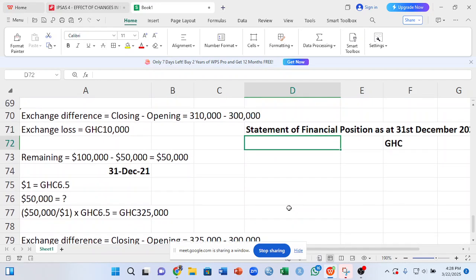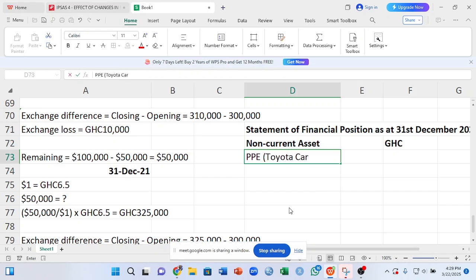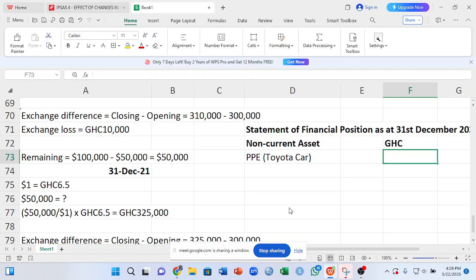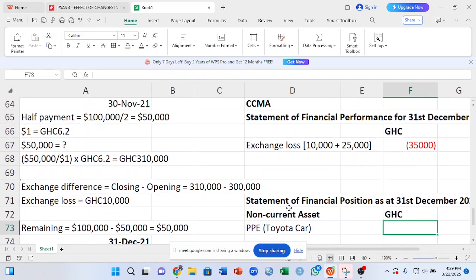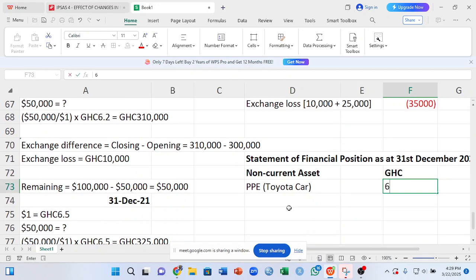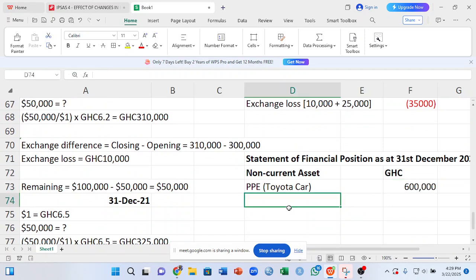Bear in mind you acquired a non-current asset. So we need to show the value of the non-current asset. That was a car. So the PPE we have, which is a car, a Toyota car, we need to show it. So the value was 600,000 in our books. And we are done.